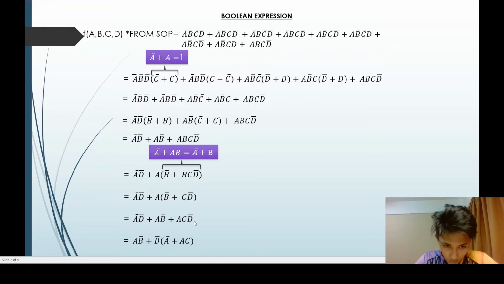So next we can factorize for the D bar, because for this one A bar D bar and A C D bar, we can see that D here and D here is the same, which is D bar. So that's why we can factorize like this one. If we factorize D bar, here is A bar plus A C.